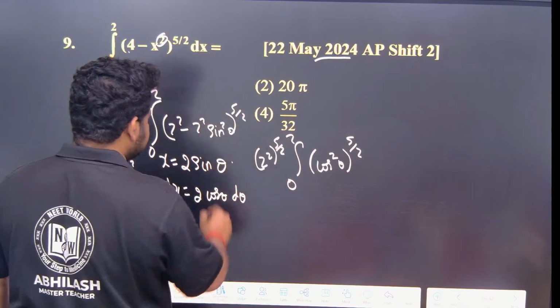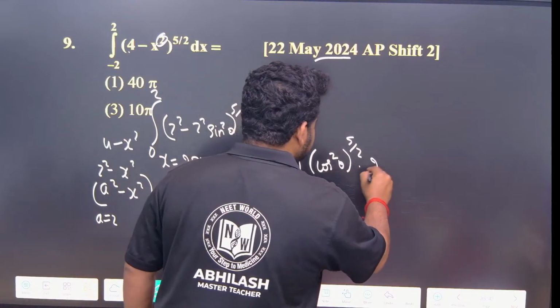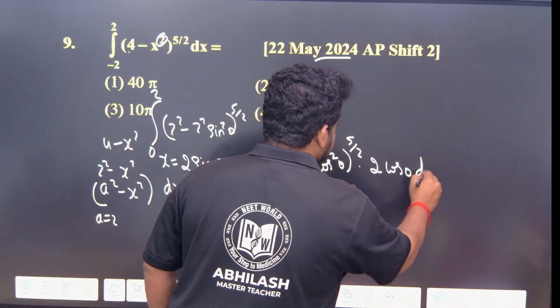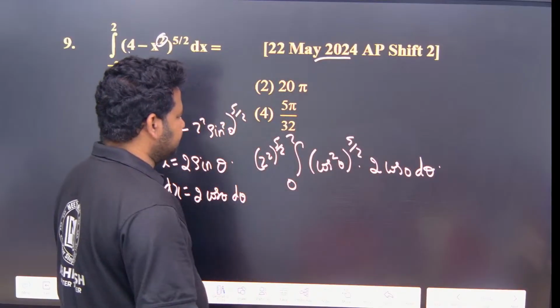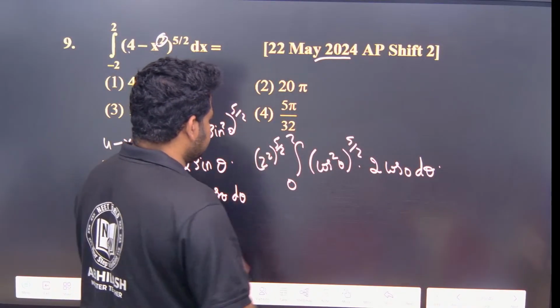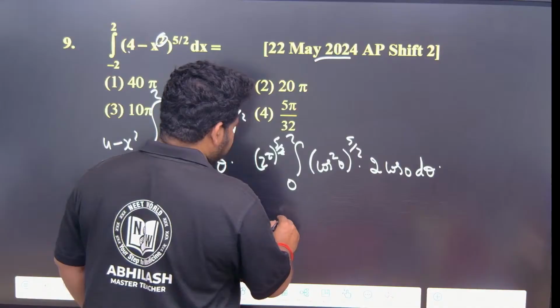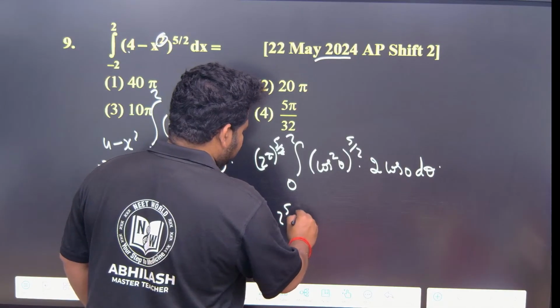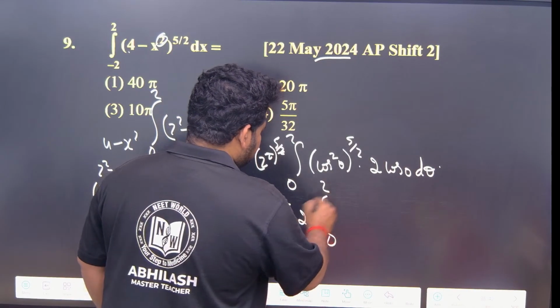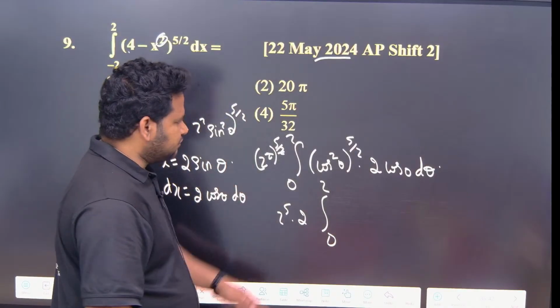So wherever dx is here, what should I write? 2 cos theta d theta. I am having 2 square to the 5 by 2, I can write it as 2 power 5, 2 into 2 to cancel. So I will have 2 power 5 into 2 into 2, 0 to 2. This is what I am having.